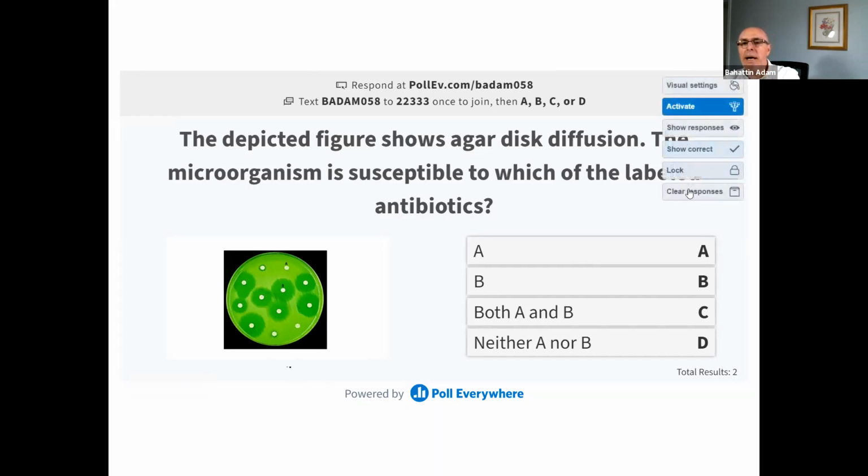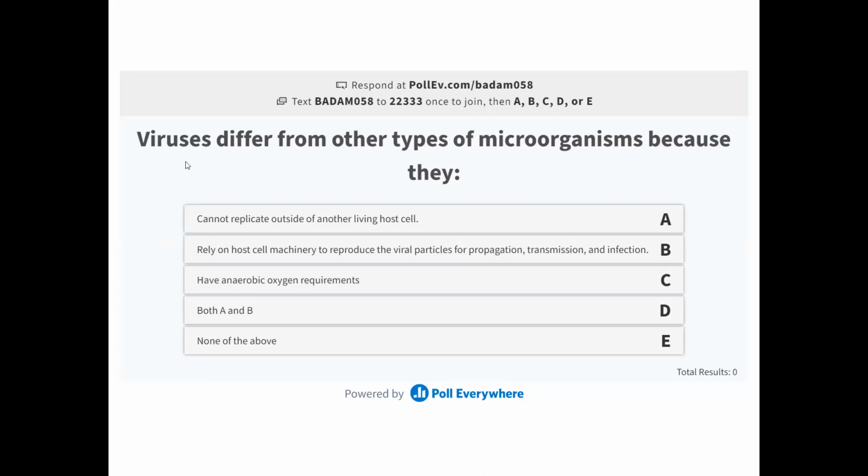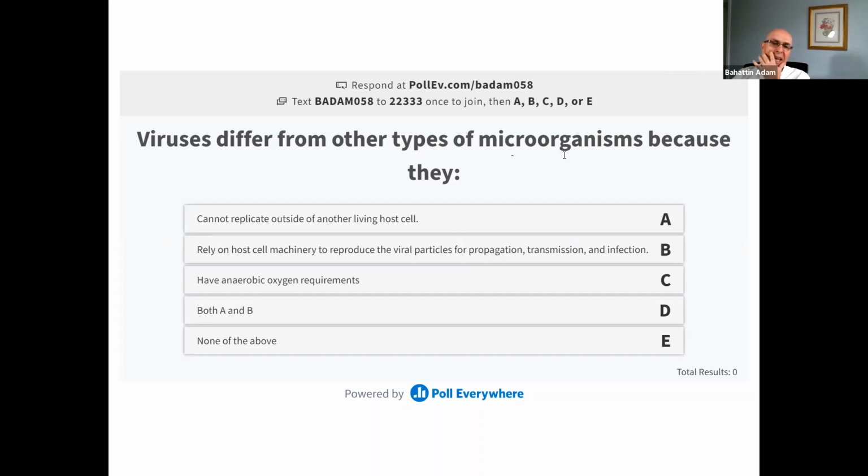Now let's go ahead. Okay, now, can you see my screen? Yes, we can. Okay, why does this differ from other types of microorganisms? Because they cannot replicate outside of another living host and rely on host cell machinery to produce the viral particles for propagation and so on.